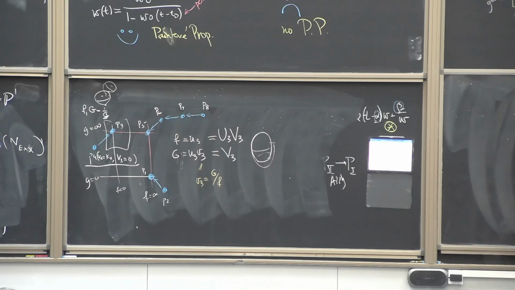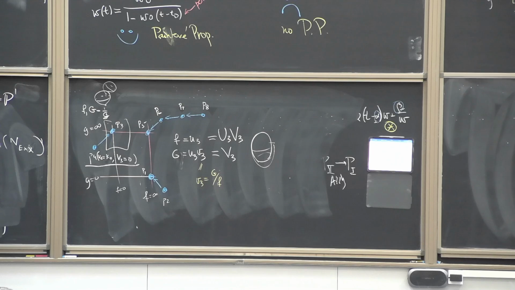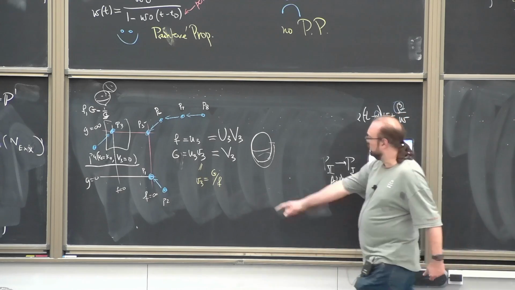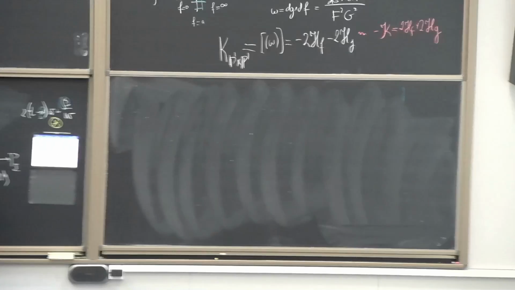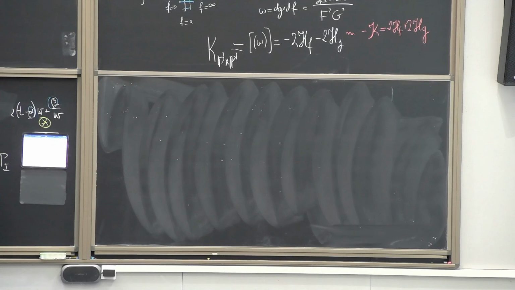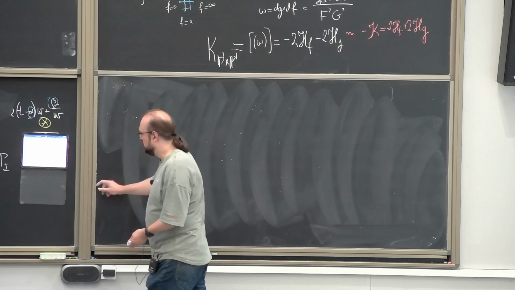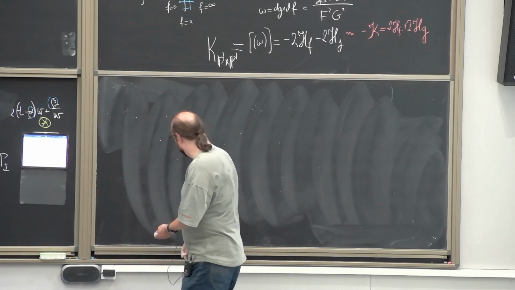Okay, so then what you do is you do the blow-ups at these points, and you keep track of the intersection index of your curve. So let me start with the point P1.